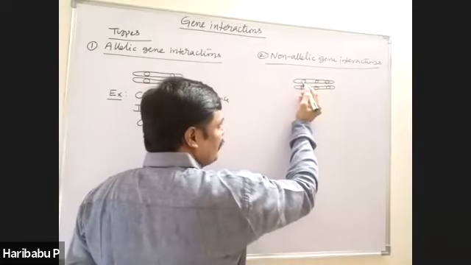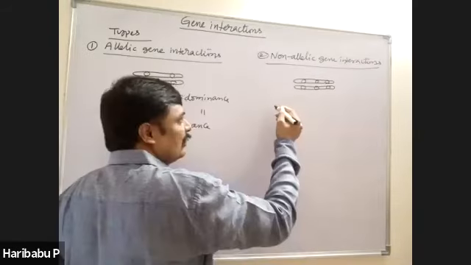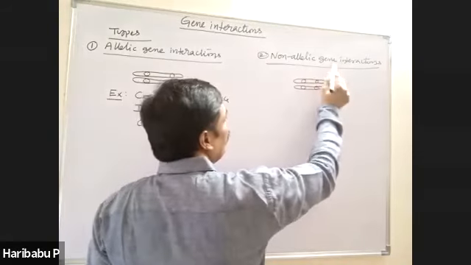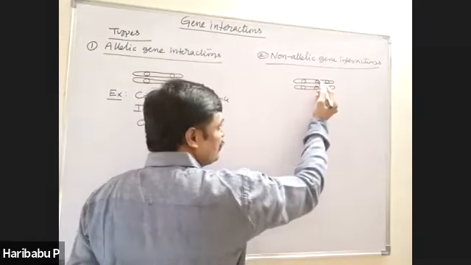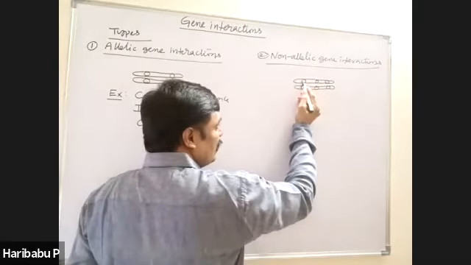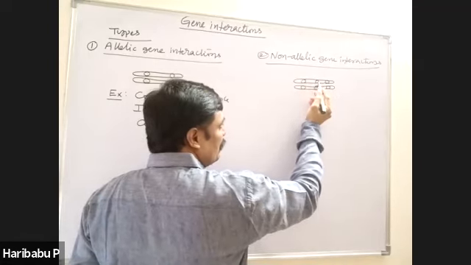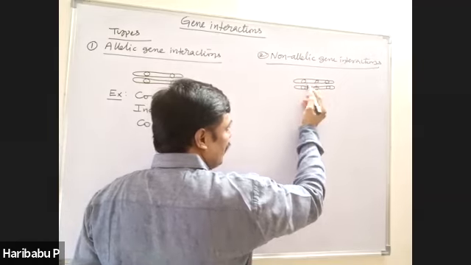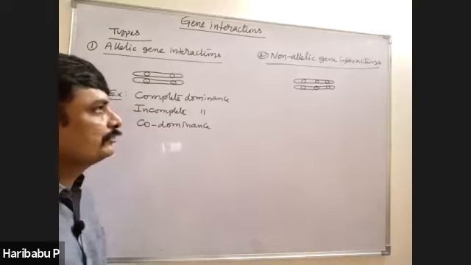When this gene interacts with this gene and produces a character, such interactions are called non-allelic interactions, because these alleles are non-allelic to this one, and these alleles are non-allelic to this one. So when these two interact with each other, that is called non-allelic gene interaction, right?